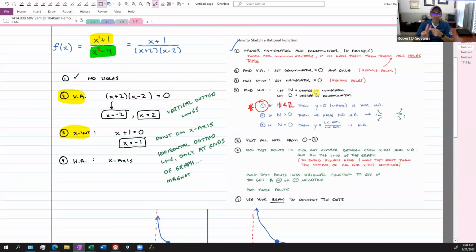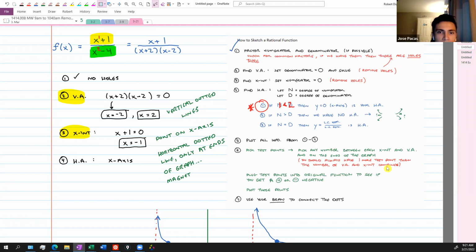So since we had 2 verticals and 1 x-intercept, that's a total of 3, that tells me in order to draw this, I'm going to need 4 test points. Got it? Okay. Let's see. I think I put it in the notes. You should always have one more test point than the number of vertical asymptotes and x-intercepts combined. You could have more test points, but that's all you need in order to draw it.